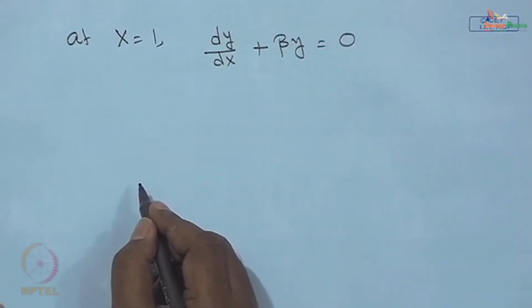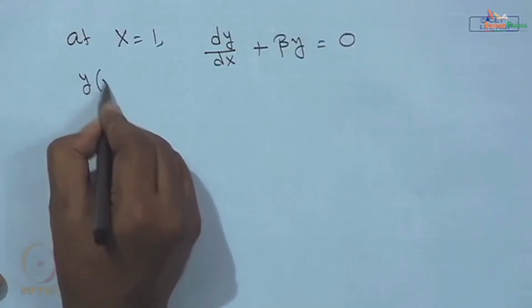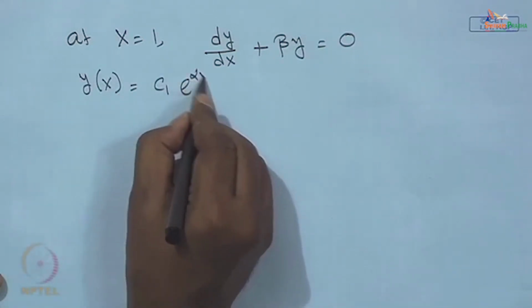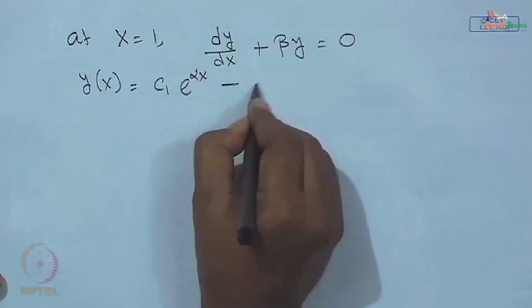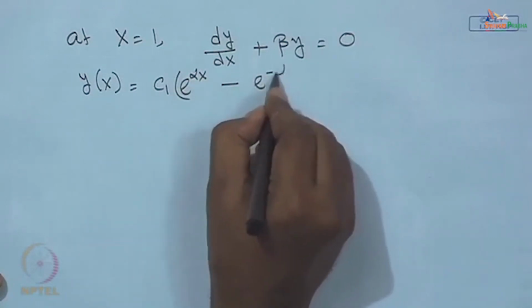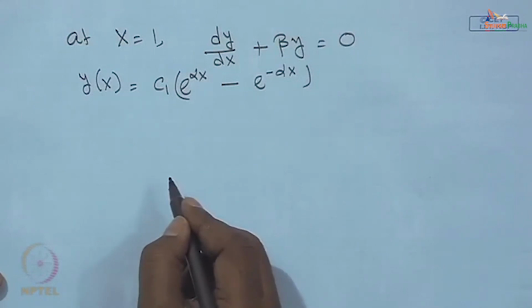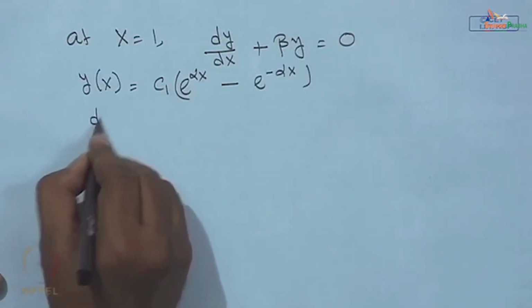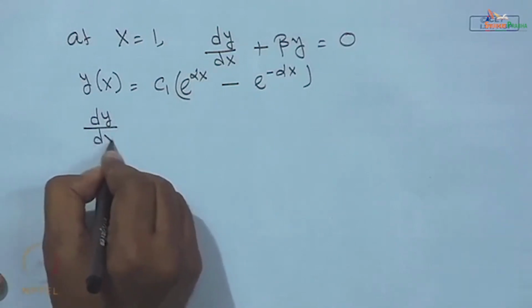So, let us evaluate. If we look into the solution, y as a function of x is C1 times e to the power alpha x minus e to the power minus alpha x. So, we evaluate dy dx and see what we get.